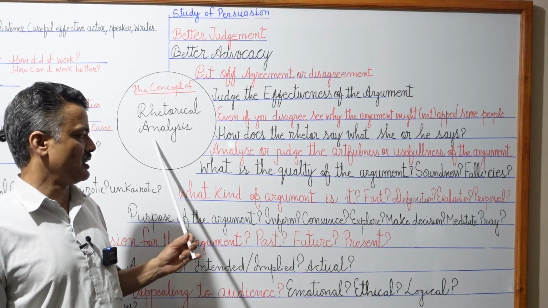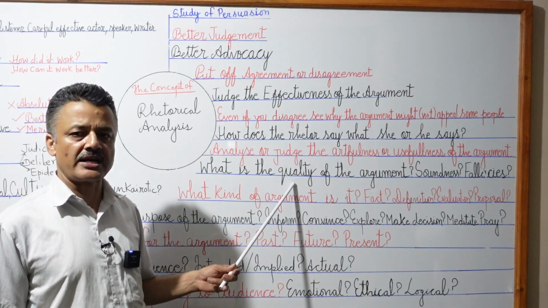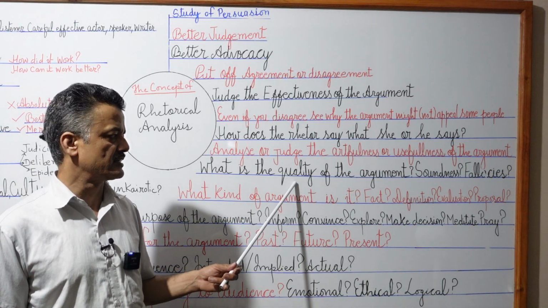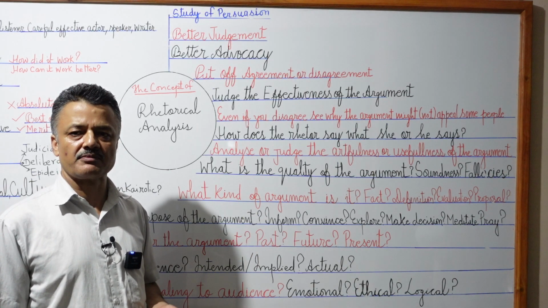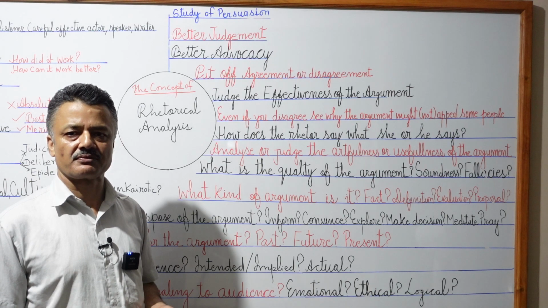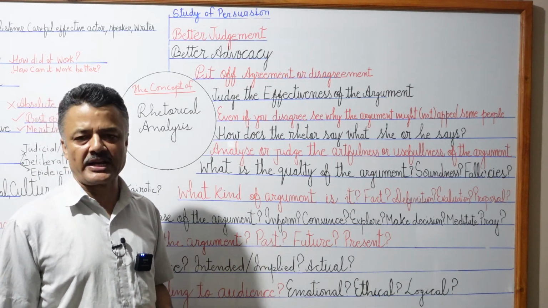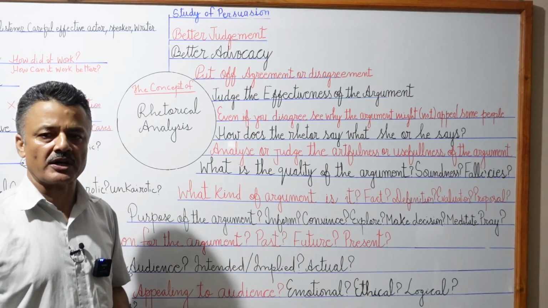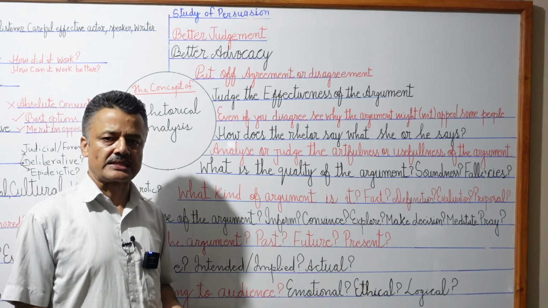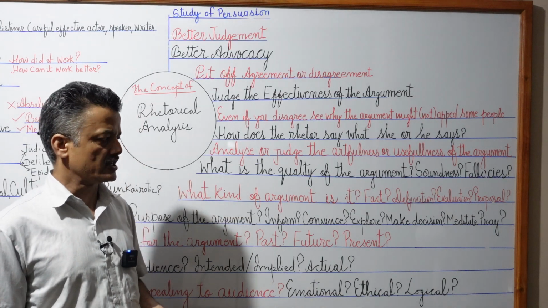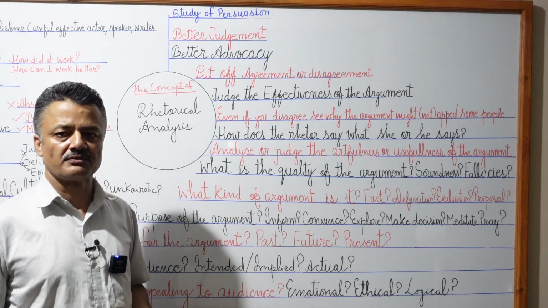So in rhetorical analysis, we try to see the quality and soundness of the argument. We check if the claims, if the assertions are fallacious. I'm not explaining what fallacy is right here, but to understand an argument, effectiveness of an argument, soundness of an argument, you must understand the concept of fallacies.